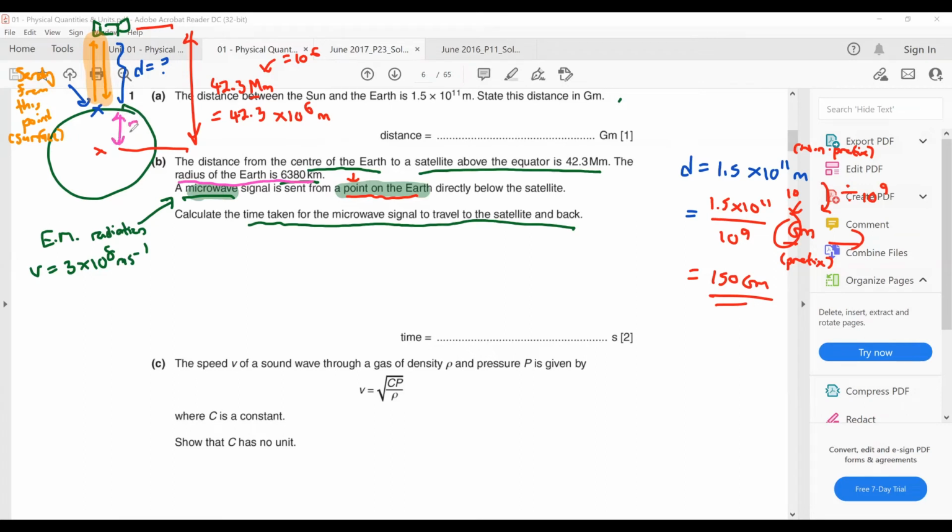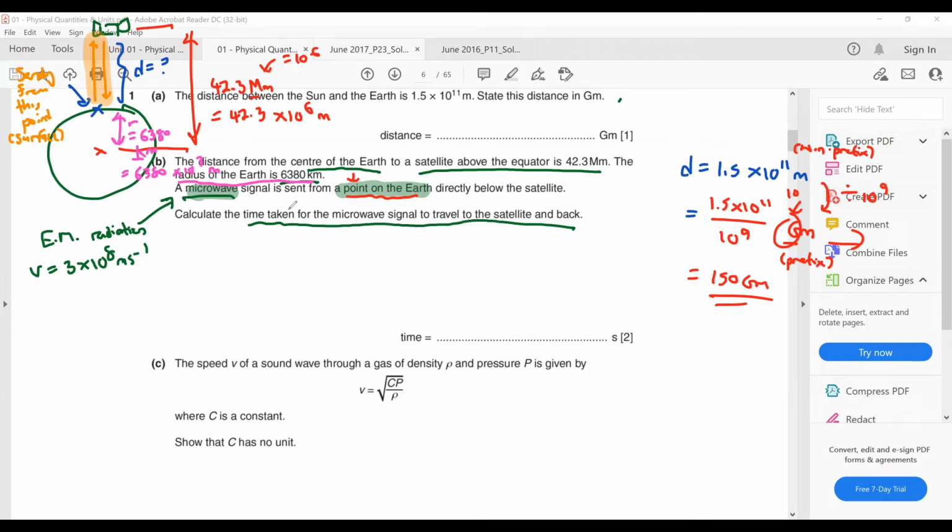Your R is 6,380 kilometers, which is 6,380 times 10 power 3 meters. Again, you want to get rid of the prefix, just sub in the value.